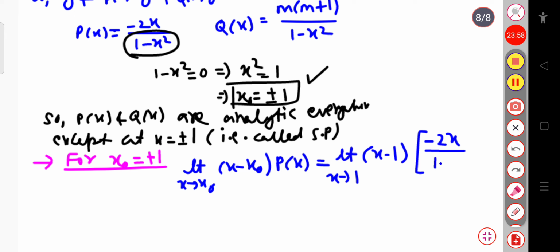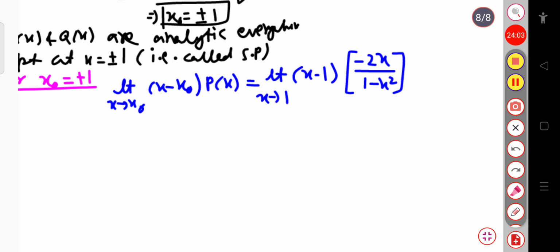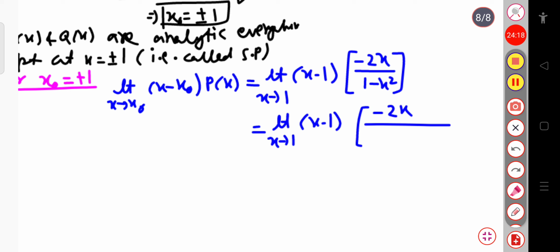You have to check this first, and after that you will check for the q of x. Now here you can see, this is equal to limit x tends to 1, you have to first solve, and after that you have to put the value. So into minus 2x divided by, since this is in the form of a square minus b square, that is 1 minus x square means 1 square minus x square, I can write it as 1 minus x into 1 plus x.